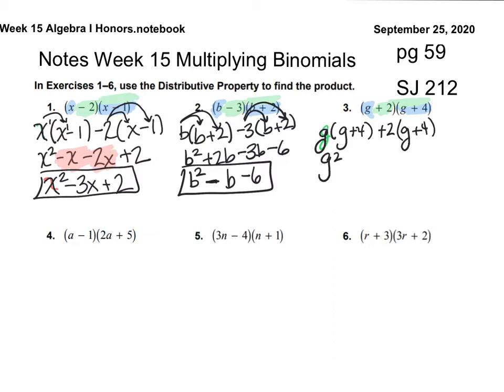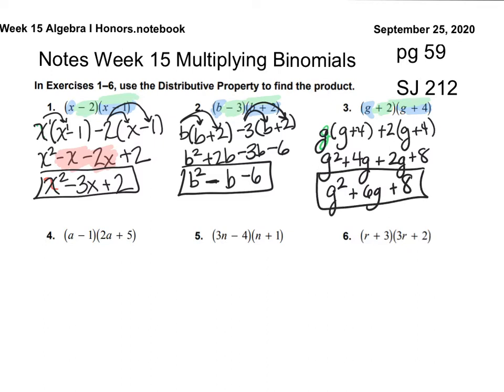G squared plus 4g. Distribute. Plus 2g plus 8. Combine like terms. No like term to go with g squared. 4g plus 2g is 6g. No like term to go with 8. That is my answer.